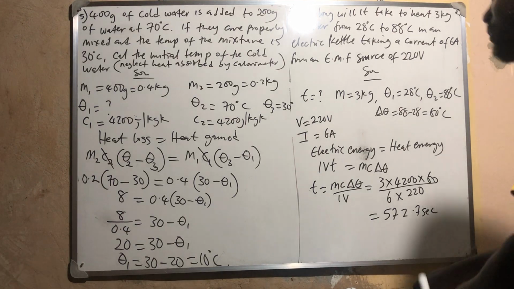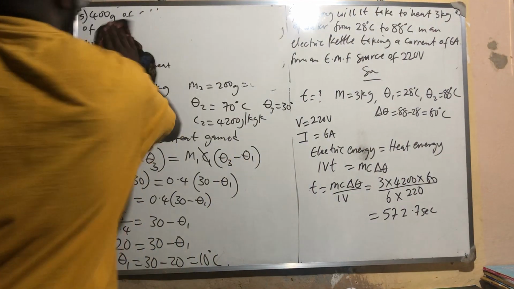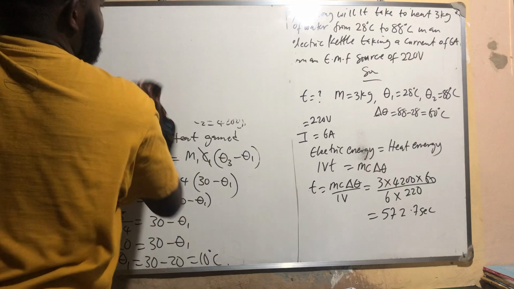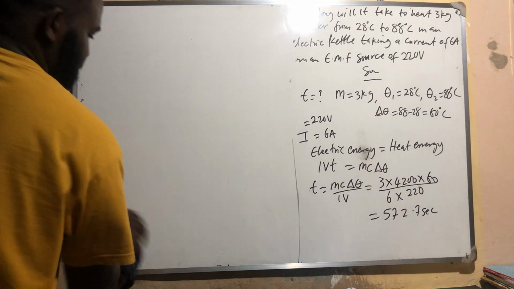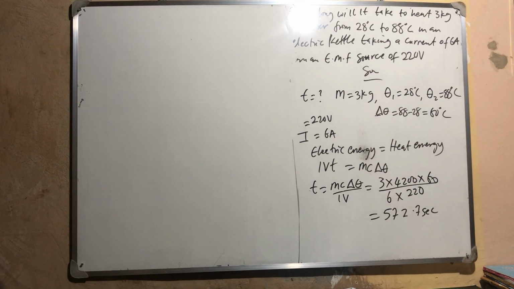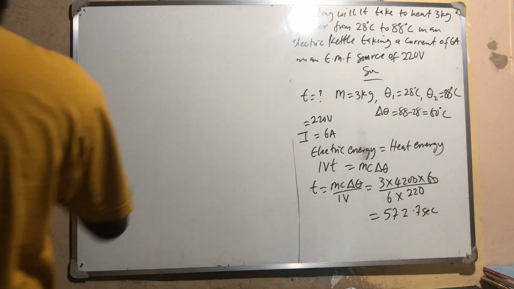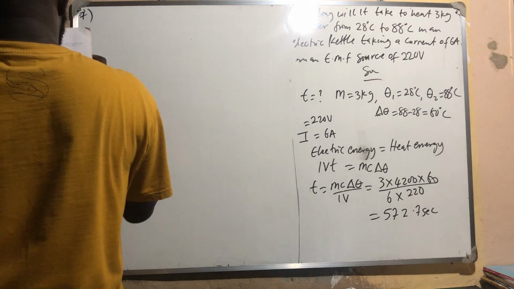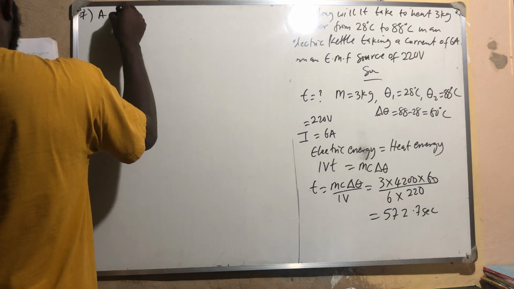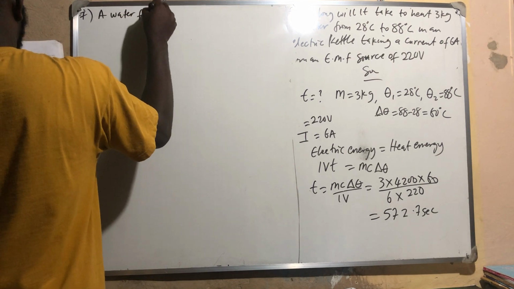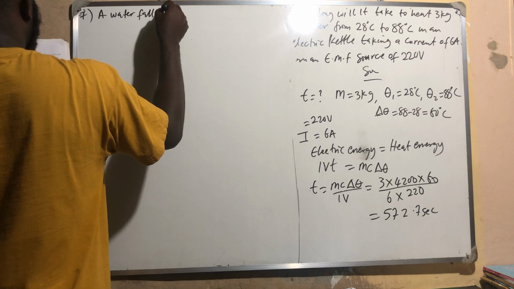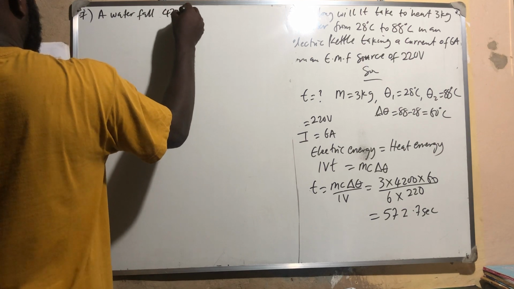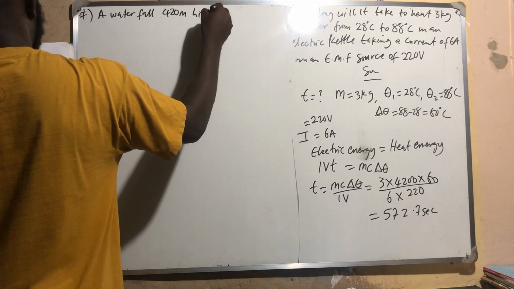So the next question. Question number 7. A waterfall 720-meter high.